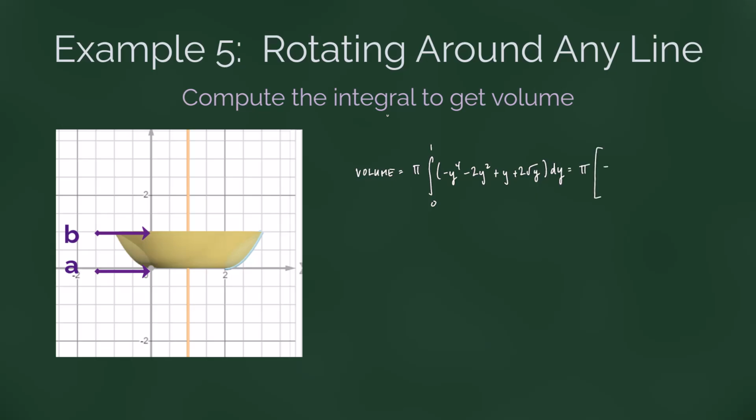Taking antiderivatives, we get pi times negative 1/5 y to the 5th minus 2/3 of y cubed plus 1/2 y squared plus 4/3 of y to the 3/2. And we'll evaluate that from 0 to 1.